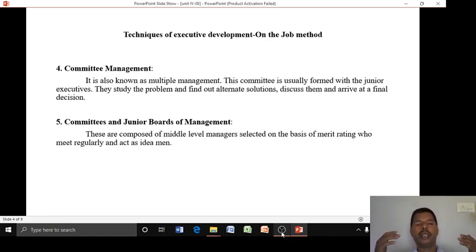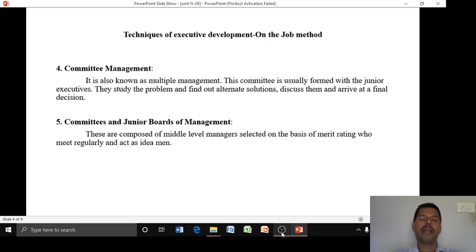They have to find alternative solutions, discuss that problem in detail, and arrive at a final conclusion or decision, right? Then it gives them the capacity to handle similar situations in their working environment or in their career.